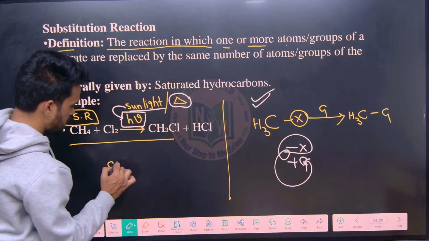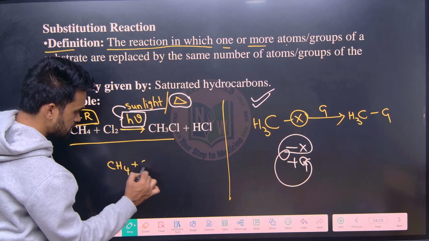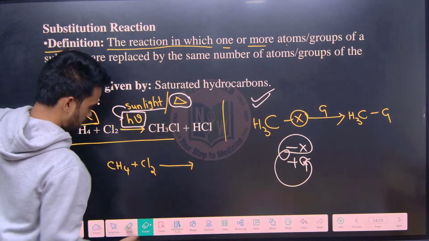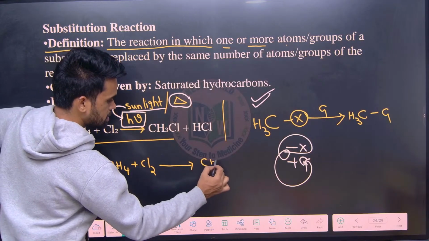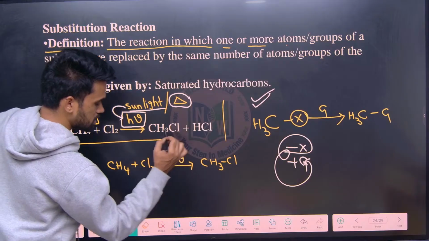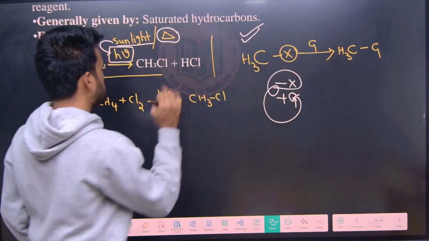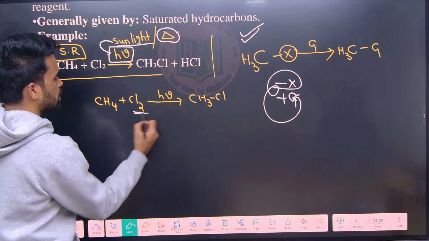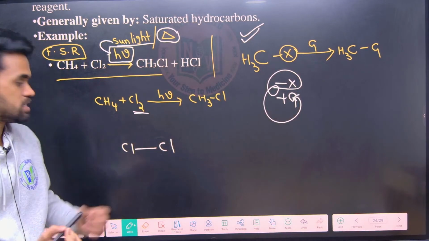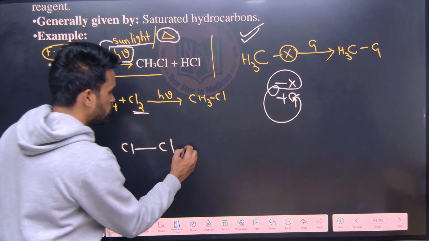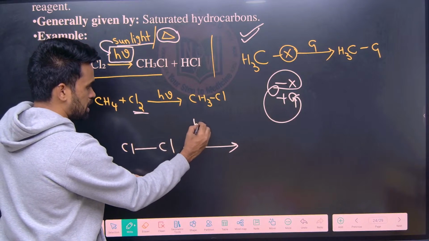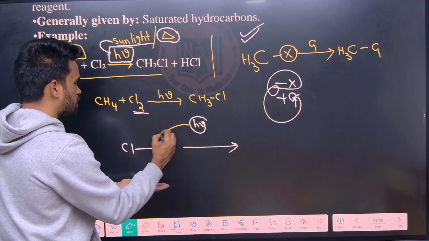I am writing this as methane plus Cl2 giving rise to some product, let us say CH3Cl. This takes place in presence of sunlight. If you observe chlorine, it is a symmetrical molecule, a symmetrical reagent. Sunlight is nothing but sun rays that fall onto this bond.